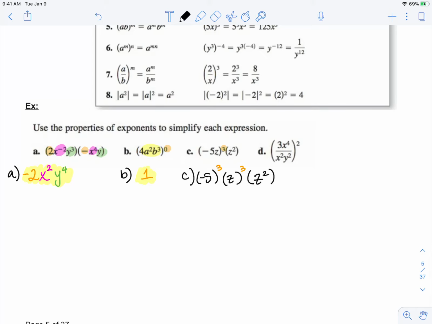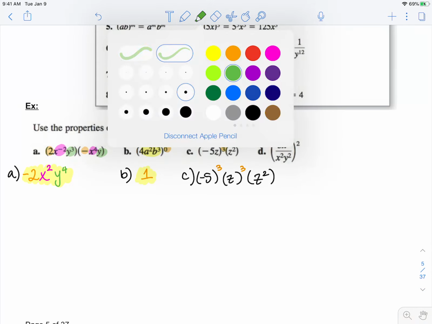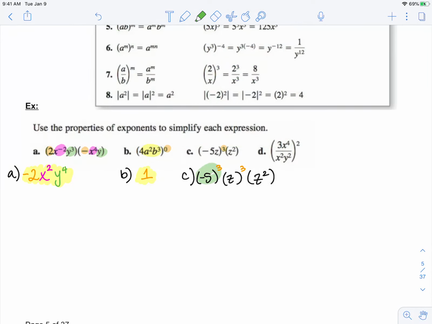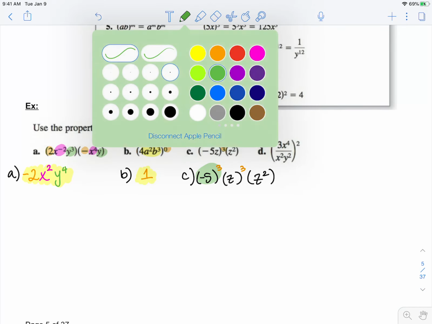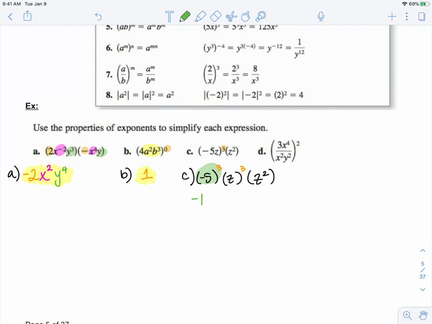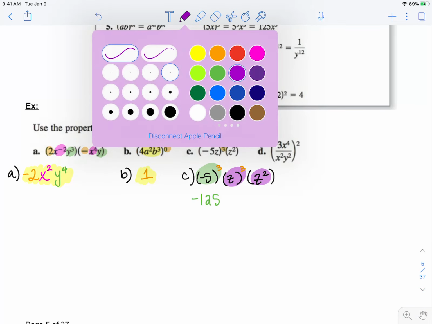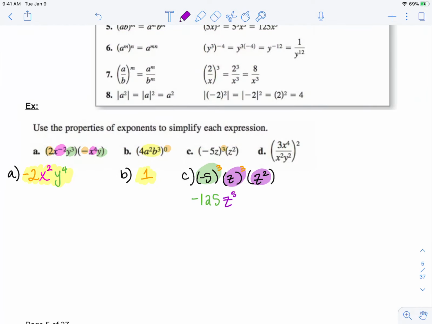So now I can simplify each one of those. First, if I simplify -5 to the 3rd, that's going to be -125. And now if I multiply z to the 3rd times z squared, that becomes z to the 5th power if I add my exponents.